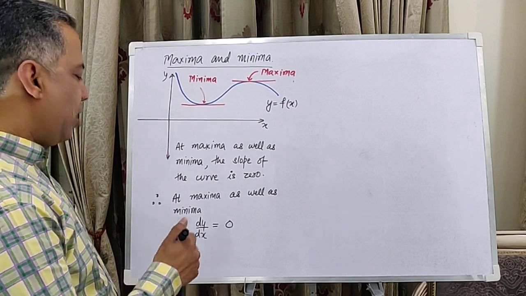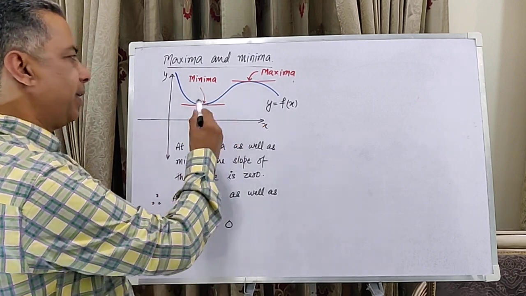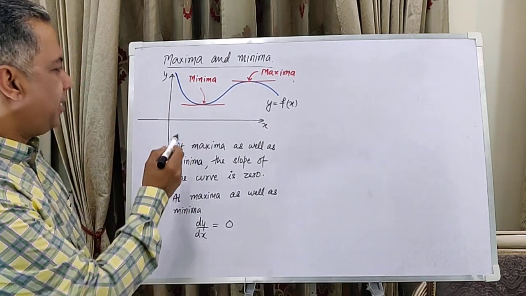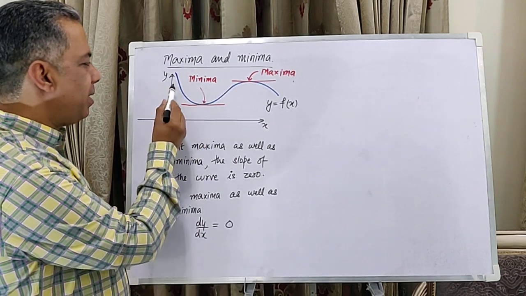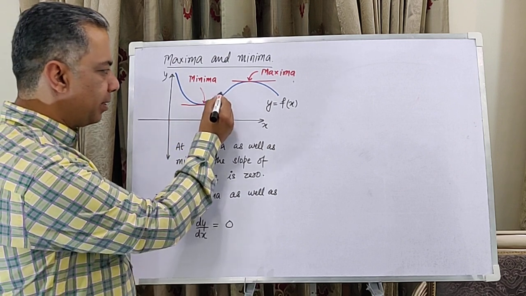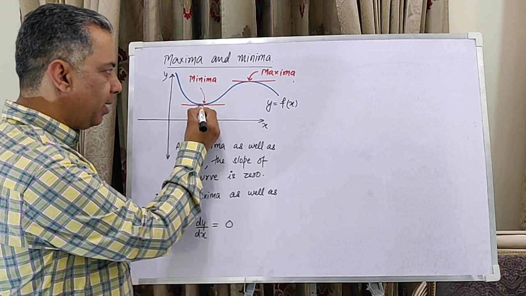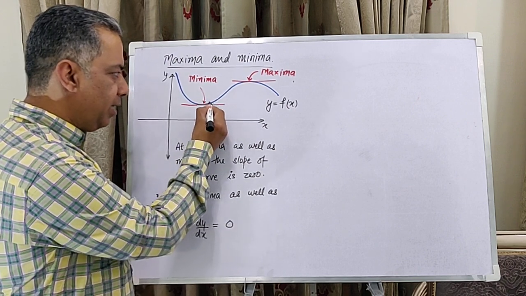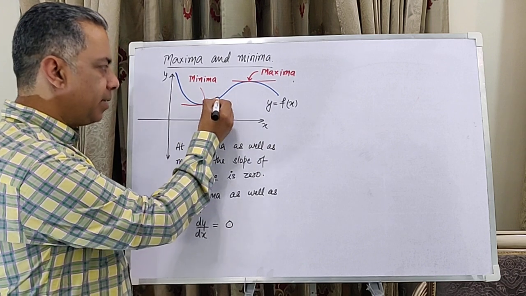But then, how do we distinguish between maxima and minima? Now have a look closely at the minima. At the minima, what will you notice about the slope here? Have a look at the graph. Now the slope here, as you can see, is increasing, right?